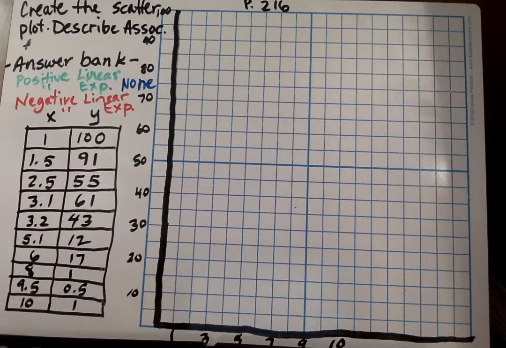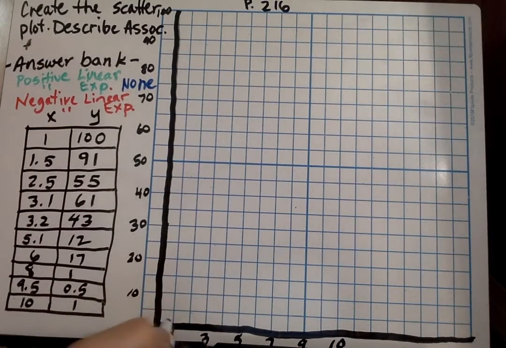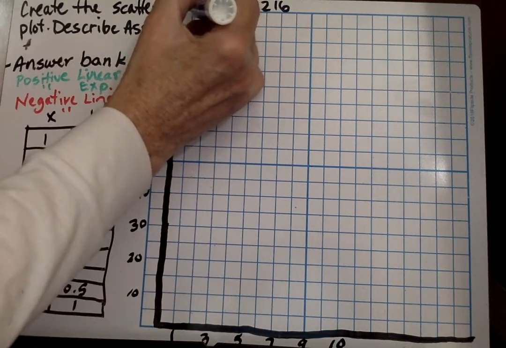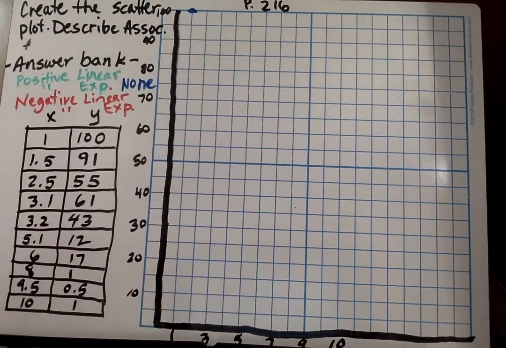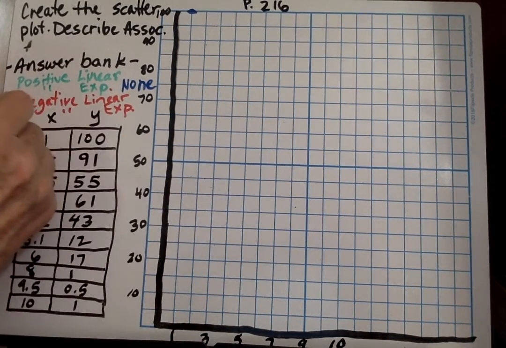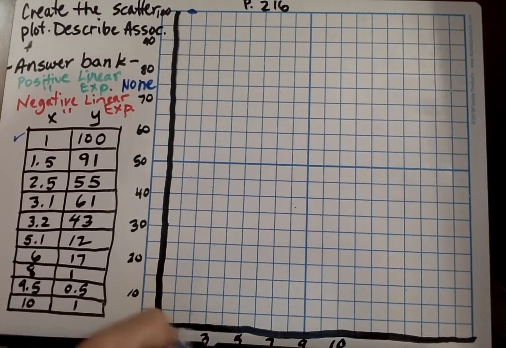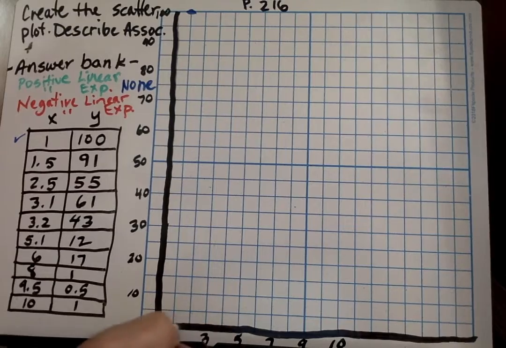All right, so it says create the scatter plot. 1, 100. So down over here, 1, 100. And I'm going to plot that point. And each time I plot the point, I can check it off. I'll just put a little check mark. 1.5. Remember, I skip every other one, but it's going by 1.